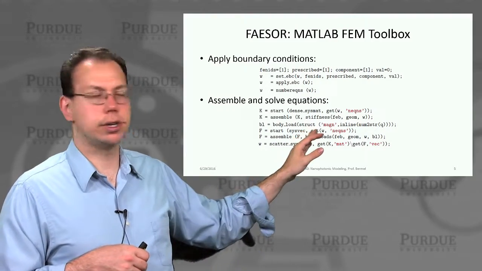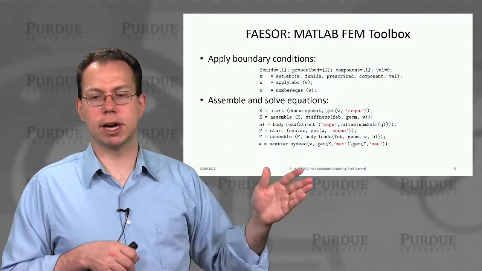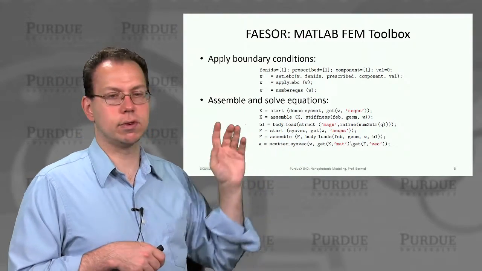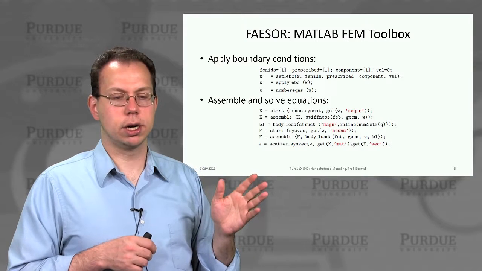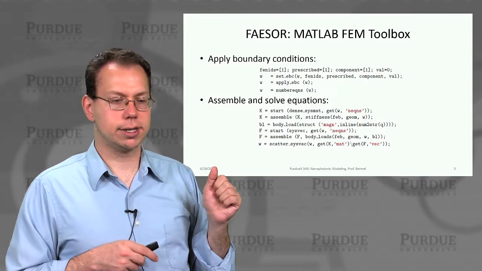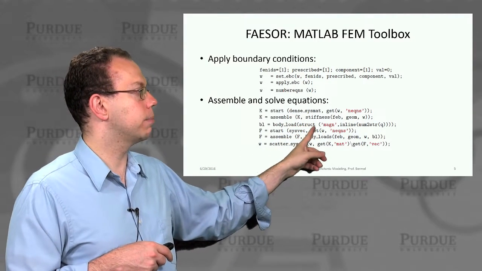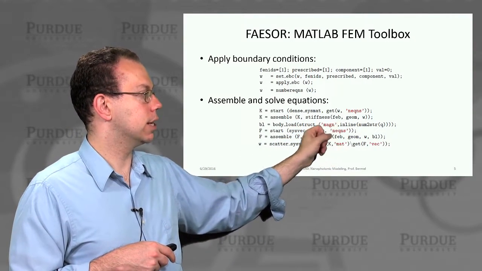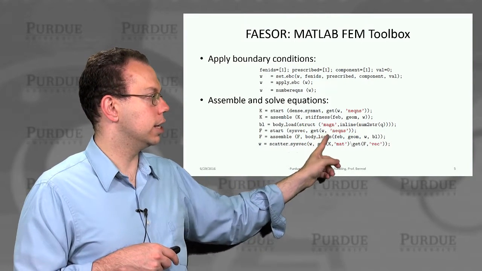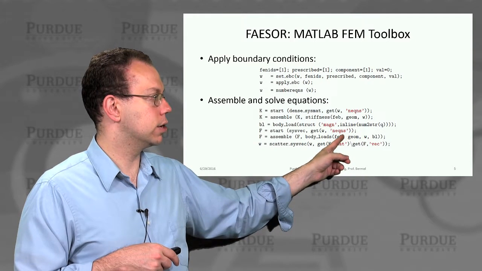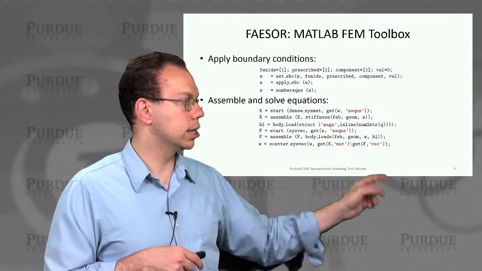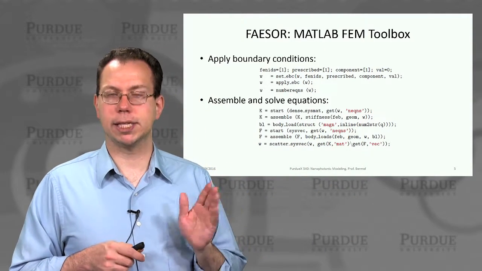Then you have to assemble all these equations from the core and the boundary conditions together. And this creates a dense system matrix. Of course, this is the most general approach, but for higher performance, you would probably want to use a sparse matrix if possible. Here you're assembling the elements of the stiffness matrix together. Here you're loading the structure, and then you're starting the equation to iterate over time, and then you're assembling the body loads, and then you're calculating the solution matrix. So that's basically how it works.